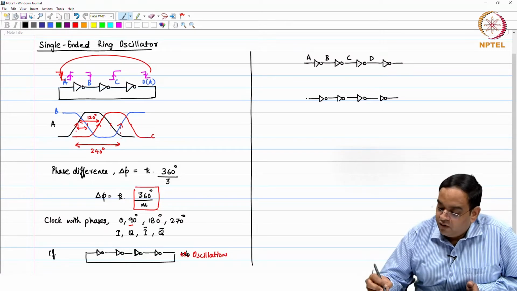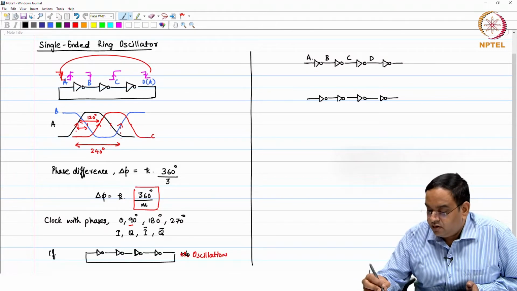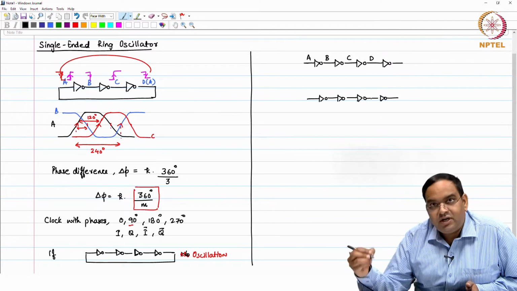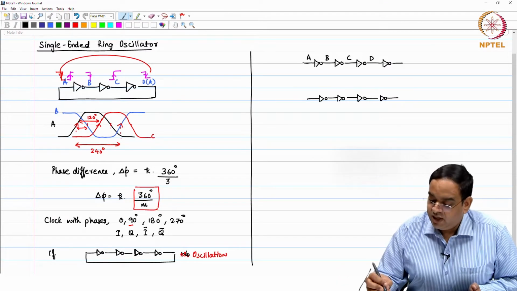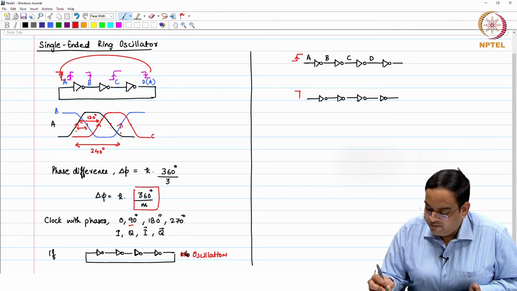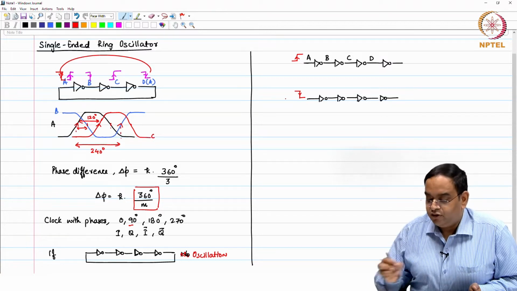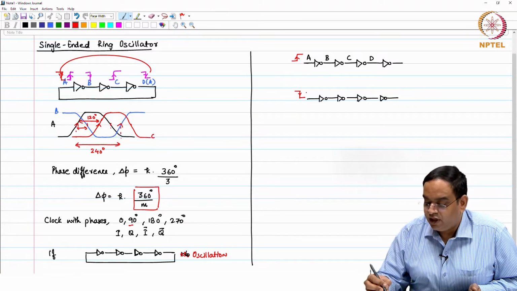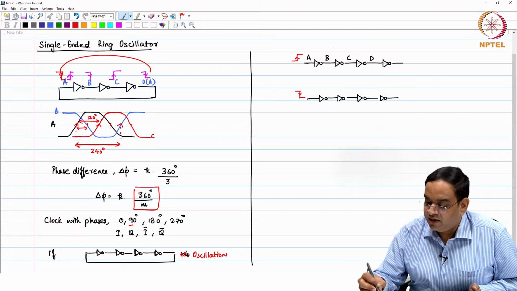So, what we do here is we keep two inverter chains as shown here, and in one case I feed a rising edge and in the other case I feed a falling edge somehow. So, in response to these rising and falling edges, what we are going to get at the output is a rising edge, and this will be a falling edge transition.